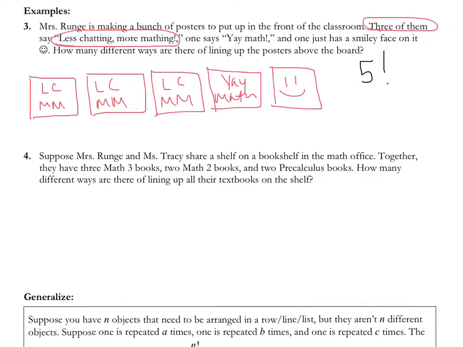Here's the problem. Imagine you could take the 3 less chatting, more mathing posters, and suppose you could put a little number 1 on the back of one of them, number 2 on the back of another one, and number 3 on the back of the third. This calculation treats as different arrangements. Suppose you took less chatting, more mathing poster 1 and flip-flopped it with less chatting, more mathing 2.